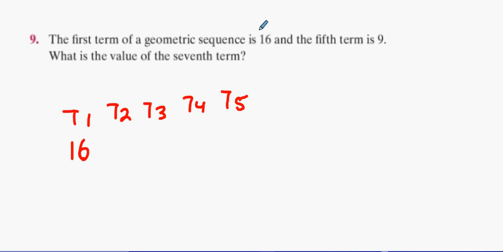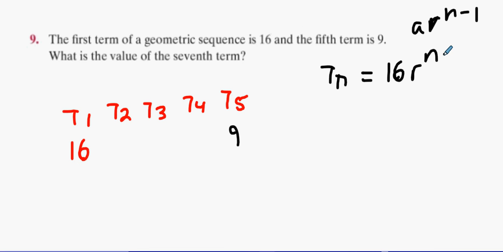T5 is 9. What do we know about the formula here? A times R to the n minus 1. Do we have the A value? A value is 16. The R value we don't know. Would everybody agree we're currently stuck here?